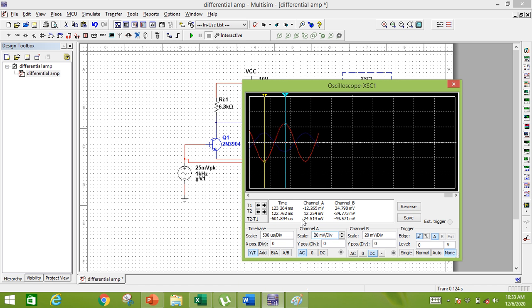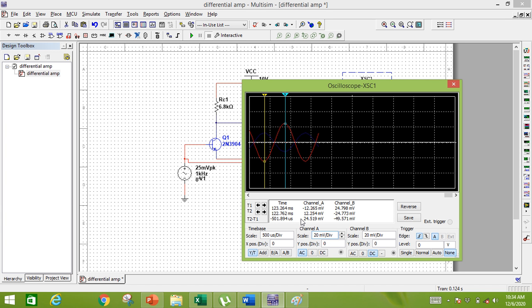So the output voltage divided by the input voltage will actually be the common mode gain. The common mode gain will be equal to the common mode output voltage divided by the common mode input voltage. This way we will determine the common mode gain.